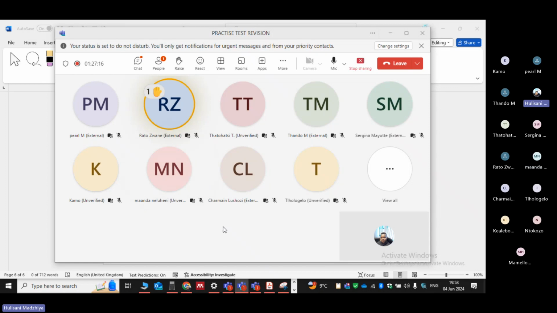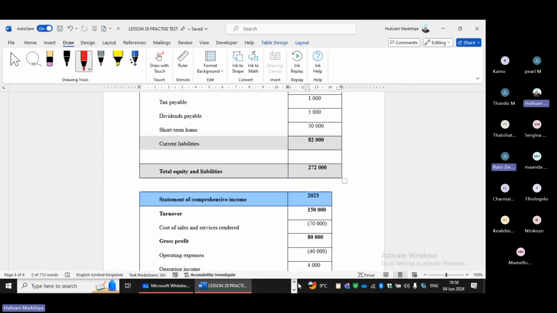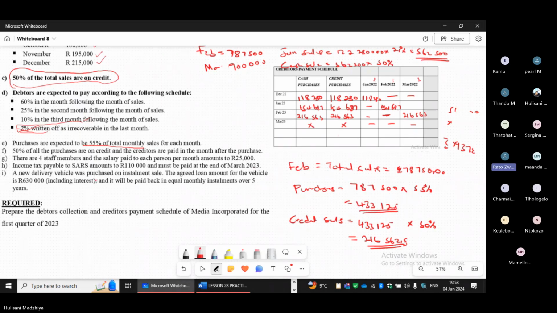Yes, Rato, you can ask your question. Sir, my question was actually for the previous question. Under the creditors payment schedule, it said that we pay the month after we've made the purchase, correct?